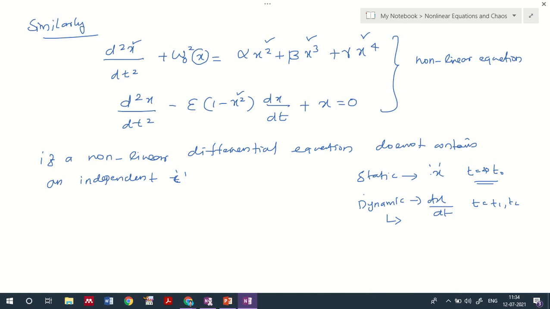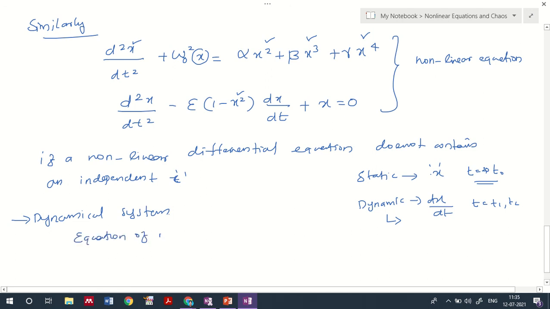For a dynamical system, the equation of motion does not contain time t explicitly.